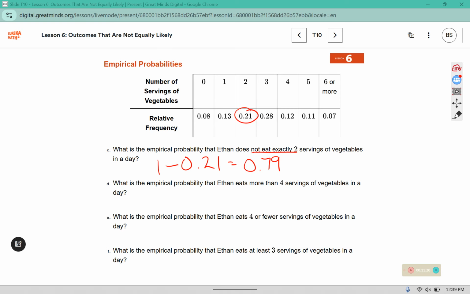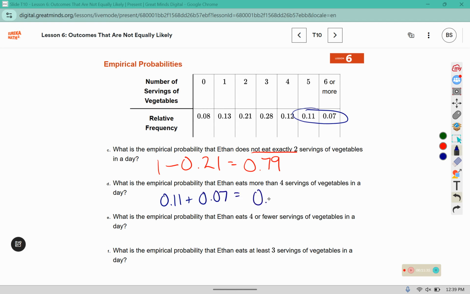What is the empirical probability that Ethan eats more than 4 servings of vegetables? So more than 4 would be 5 and above. Which comes out to 0.18. What is the empirical probability that Ethan eats 4 or fewer servings?